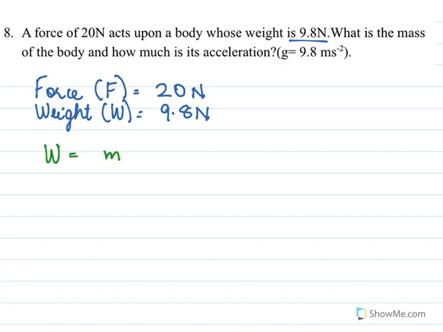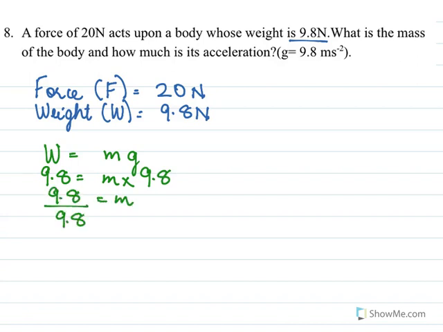So we know weight equal to mass into acceleration due to gravity. So weight is 9.8. Mass we do not know. The G is given as 9.8 here. So M equal to 9.8 over 9.8. So the mass equal to 1 kg.